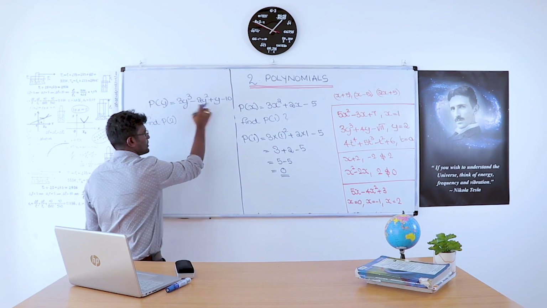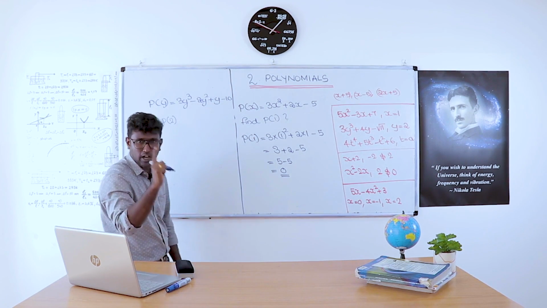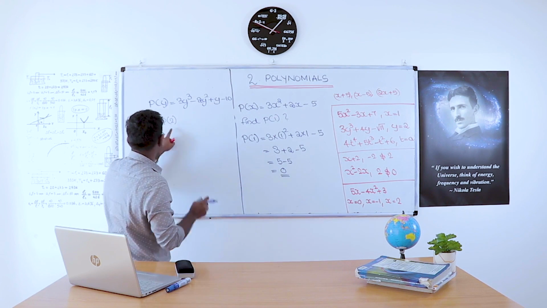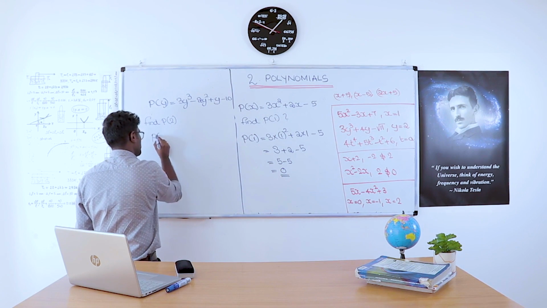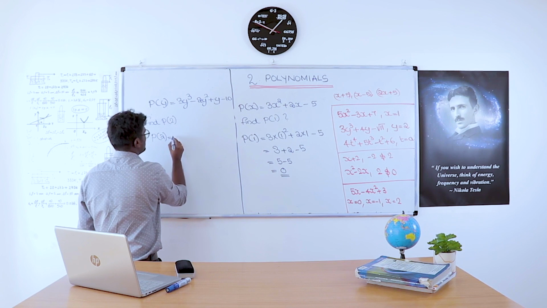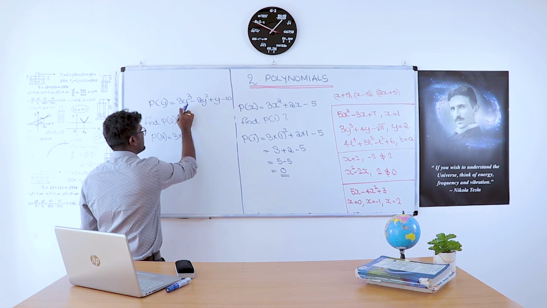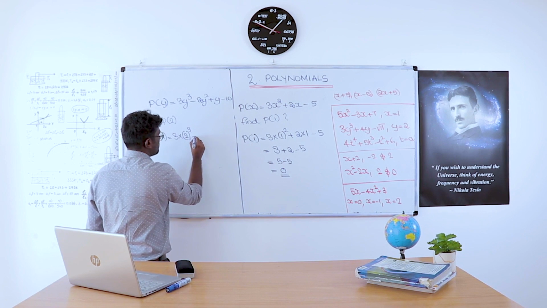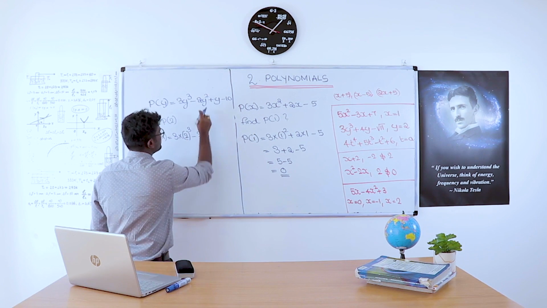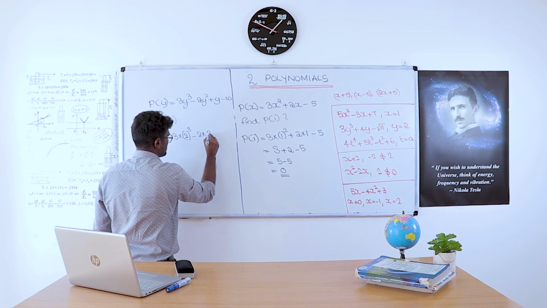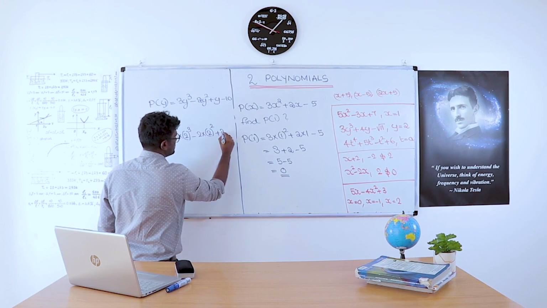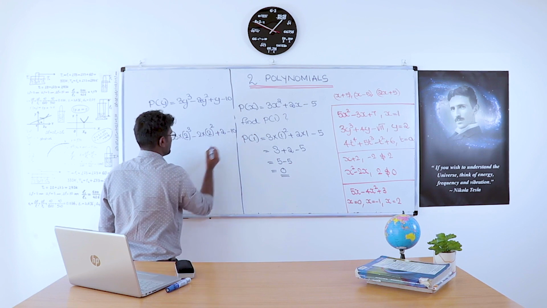Here the polynomial consists of a variable y, so in place of y, we will give 2. P of 2 is equal to 3 into 2 cube minus 2 into 2 square plus 2 minus 10.